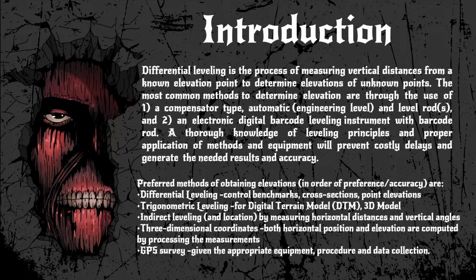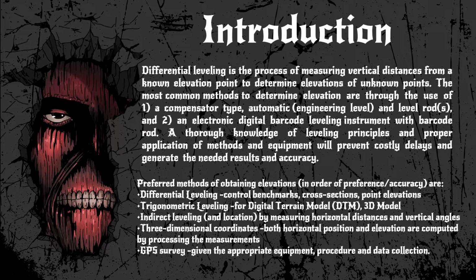Preferred methods of obtaining elevations, in order of preference and accuracy, are: first is differential leveling. It controls benchmarks, cross-sections, and point elevations. Second is trigonometric leveling for digital terrain model and 3D model.